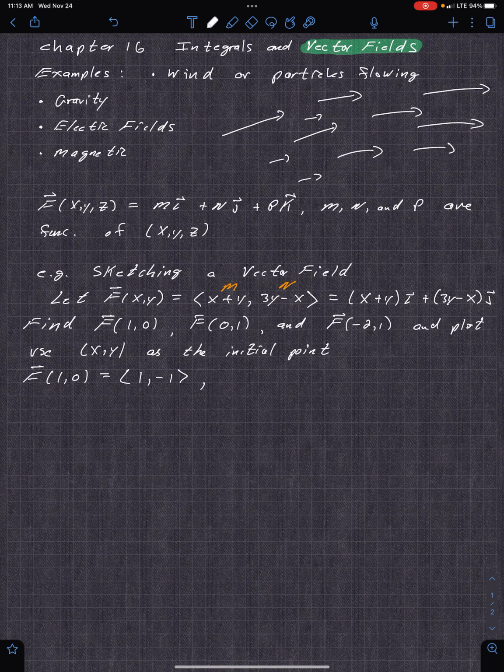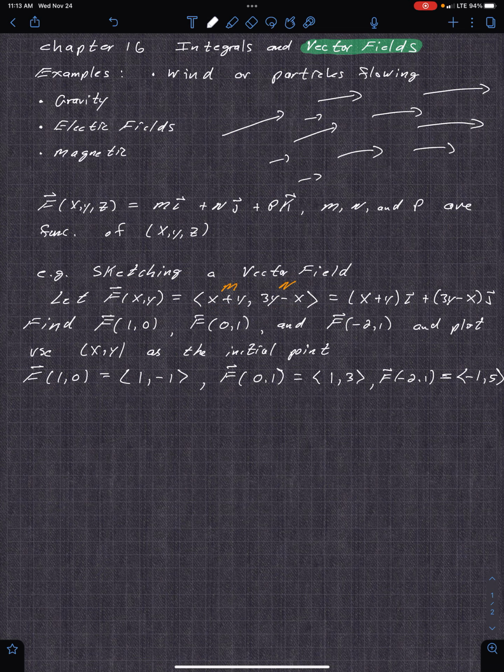F of 0, 1 would equal, and you do that calculation, you get 1, 3, and you can double check that. F of negative 2, 1, you get negative 1, 5. Make sure you're checking that, substitute these in and verify that.